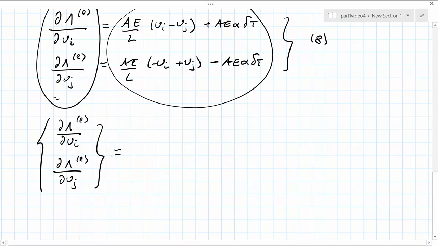We'll factor out the AE over L terms to get AE over L, and then a coefficient matrix containing ones.